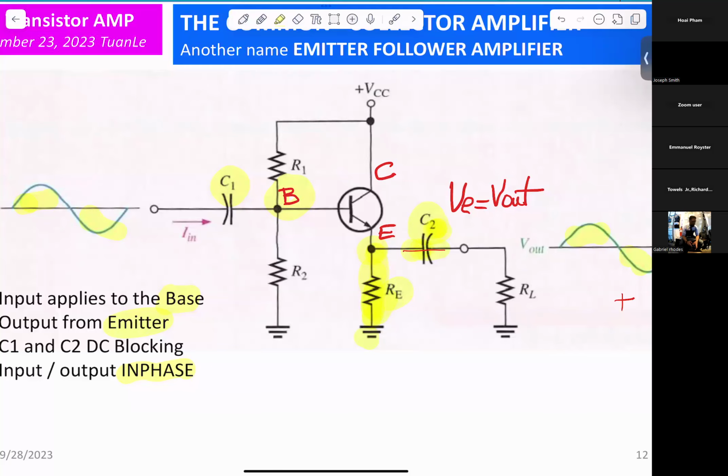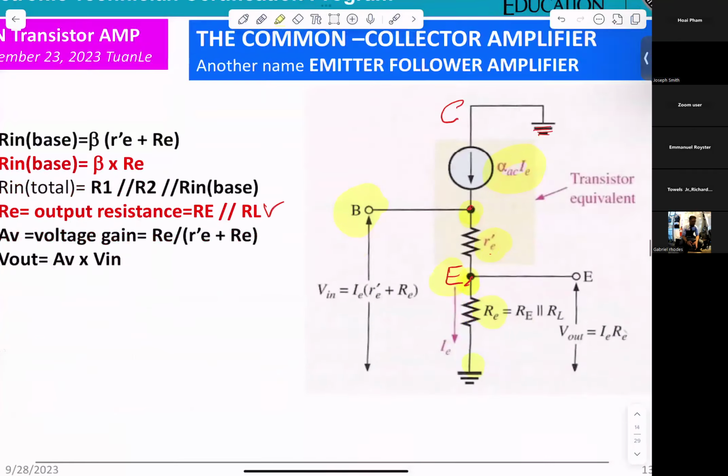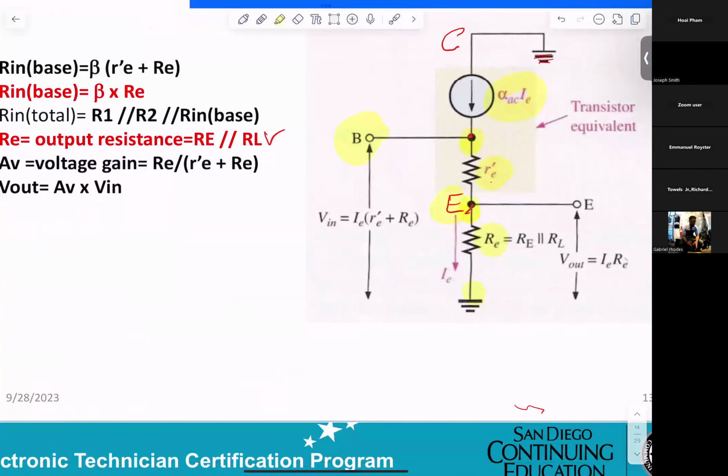Second thing, the capacitor is a short, so RL is in parallel with RE. That's why they draw it here. R out equals RE parallel with RL.